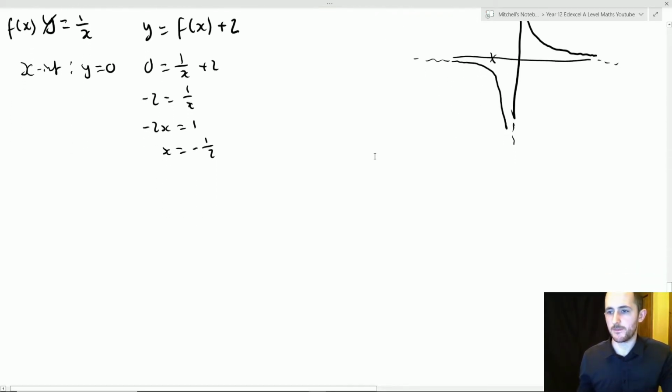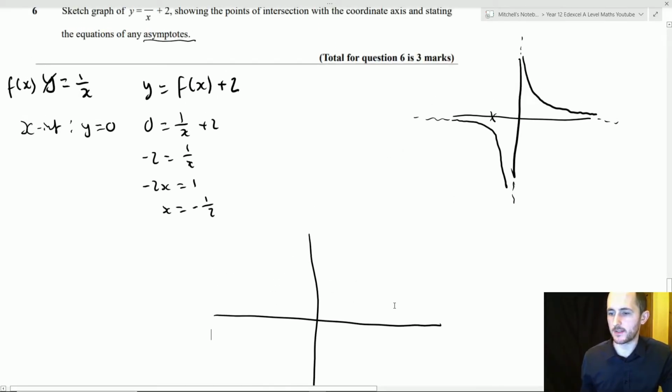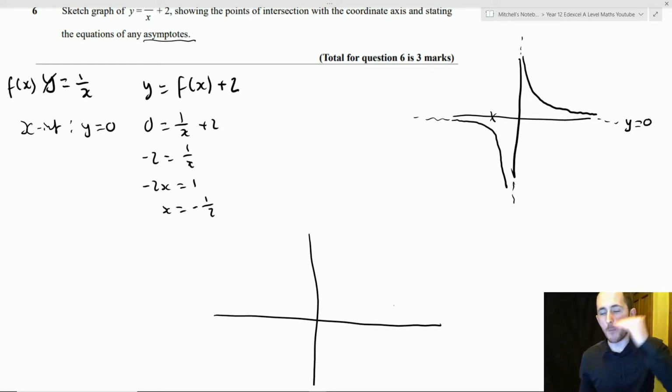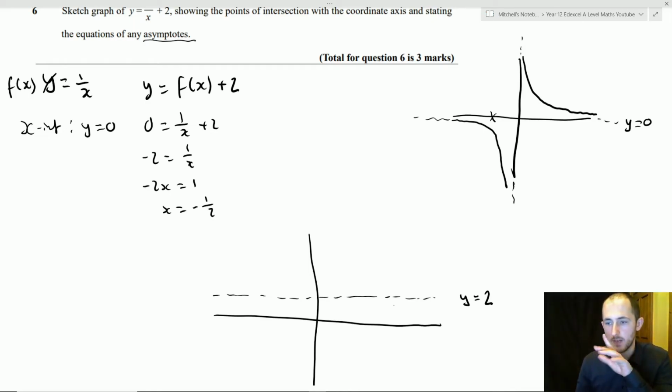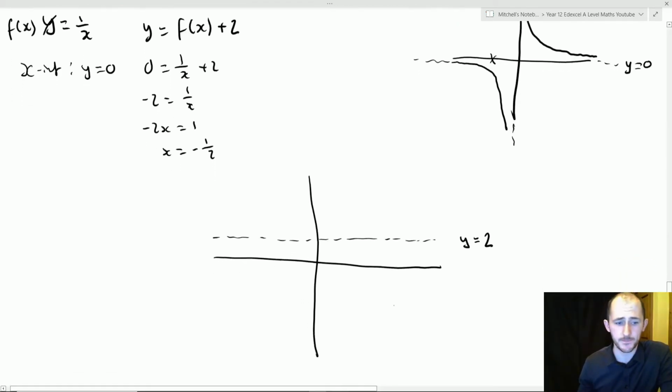So let's draw it. It's going to look similar to this, but I would like to draw the asymptotes first. This asymptote here, we would call y equals 0. We move it up by 2, so we have a dotted line going along here at y equals 2. None of our lines should meet that.